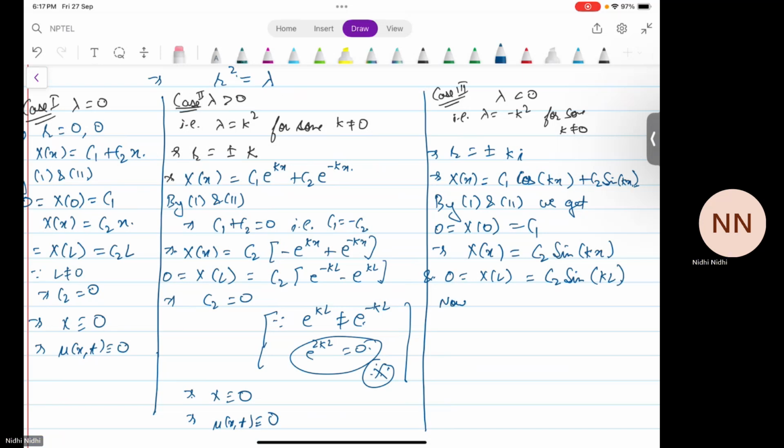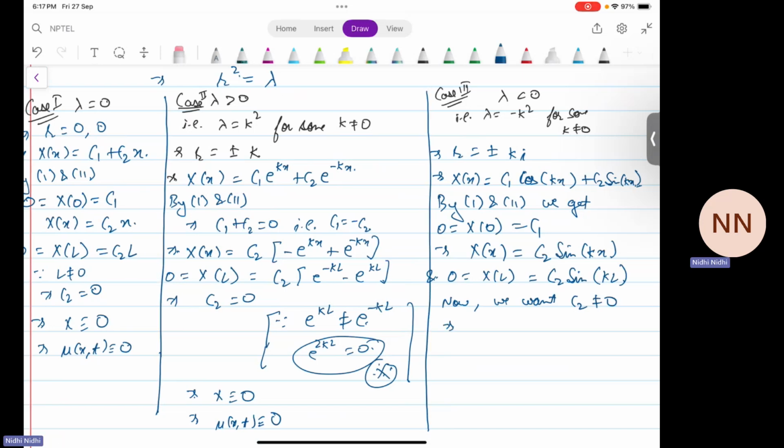Now we want c2 to be non-zero, otherwise again we'll get a zero solution and we are left with nothing. So for c2 to be non-zero, we must have kL equal to n pi, because in that case sin kL will be 0. That is, k should be equal to n pi by L.